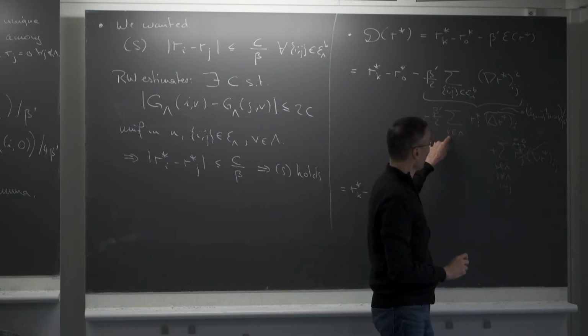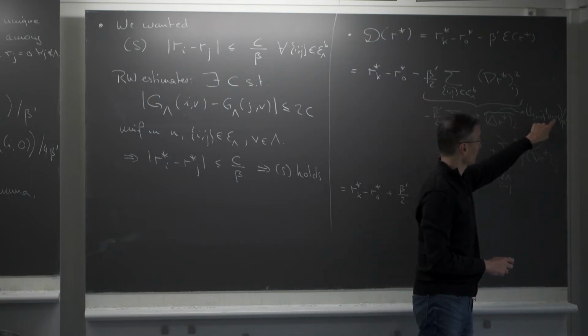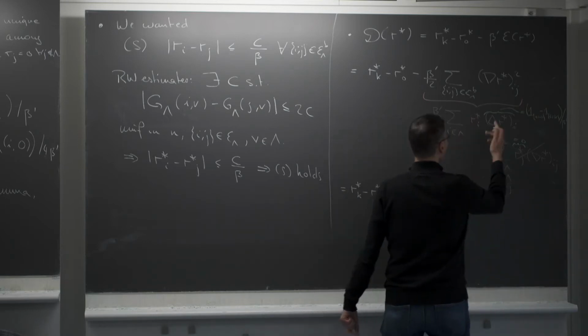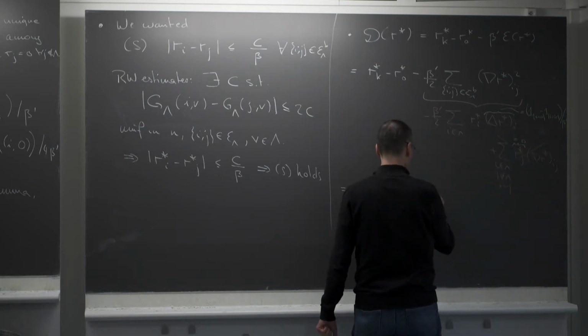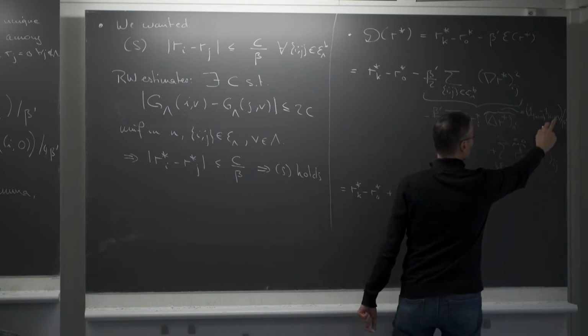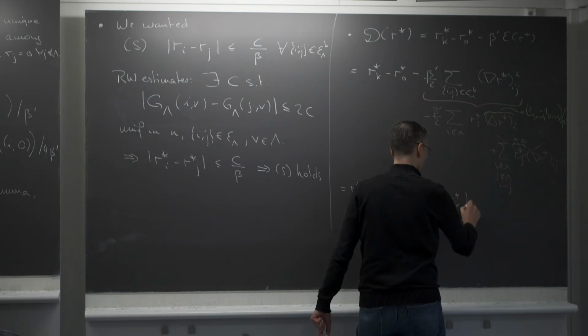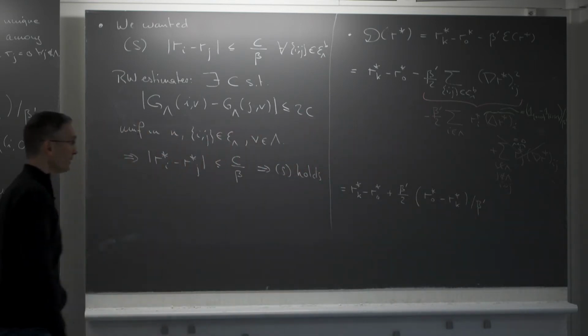Then when I sum over all i's, the only i that will give me a non-zero contribution are when i is equal to 0 or when i is equal to k. So when i is equal to 0, I will get R star 0 over beta prime. When i is equal to k, I get minus R star k over beta prime. And that's what I get when I sum over i.